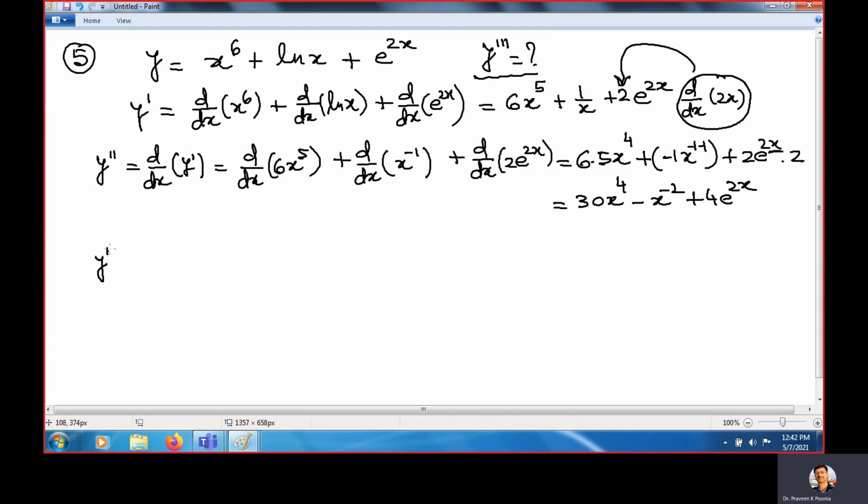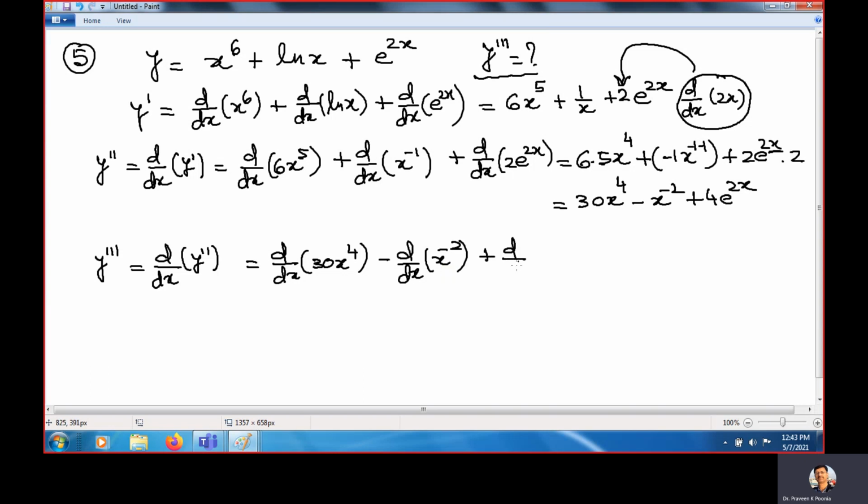And if you want to calculate the third derivative, it is d by dx. You need to differentiate the second derivative. The second derivative means d by dx of 30x power 4, minus d by dx of x power minus 2, and plus d by dx of 4e power 2x.